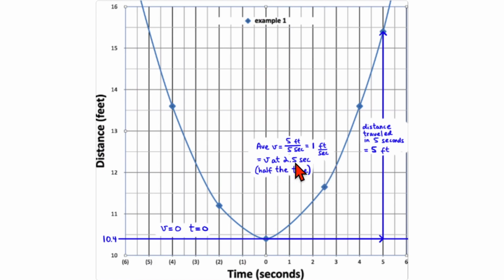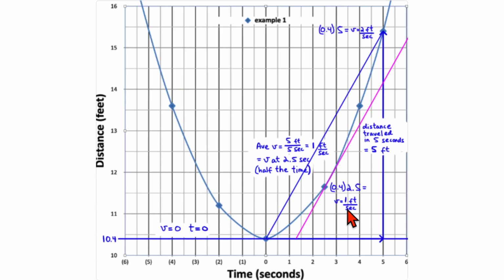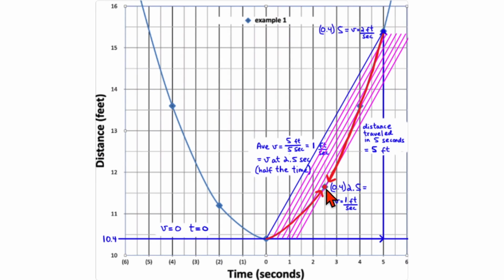So the velocity at 2.5 seconds, half the time interval, that instantaneous velocity has to be equal to the average velocity over 5 seconds. And it is. It's 1 foot per second at 2.5 seconds, and the average velocity is 1 foot per second after 5 seconds. The slope of this tangent, you slide this over, it's going to match the slope of the average velocity for 5 seconds traveled.